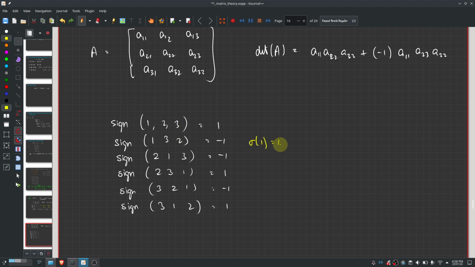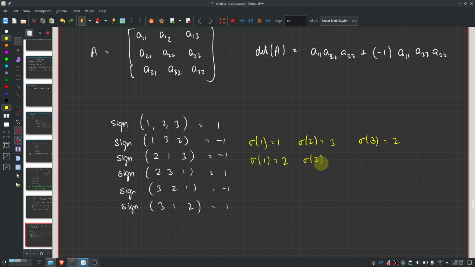In this particular case, sigma of 1 is equal to 1. It's equal to this particular entry. Sigma of 2 equals 3, and sigma of 3 equals 2. In this particular example, sigma of 1 is equal to 2. It's equal to this entry.